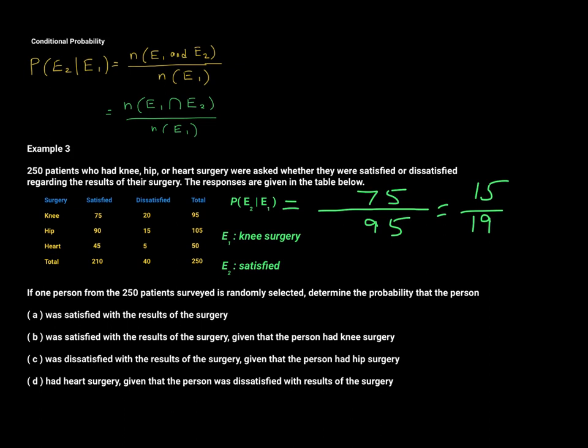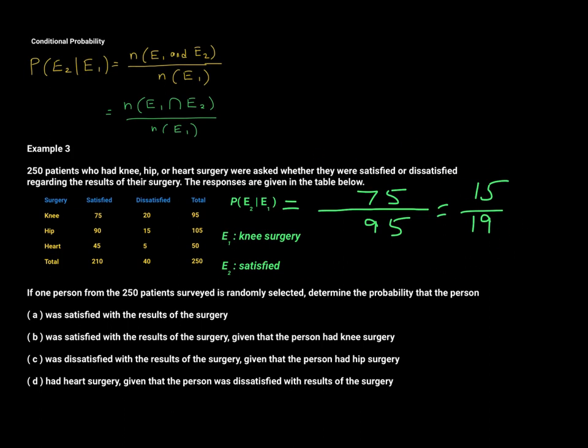All right, let's go for the next one. We want to know what's the probability that the person selected at random is dissatisfied with the results of the surgery given that the person had hip surgery. Let me edit what I've written down, so make sure you have this written down before it goes away.